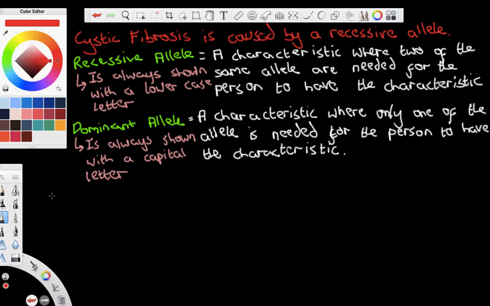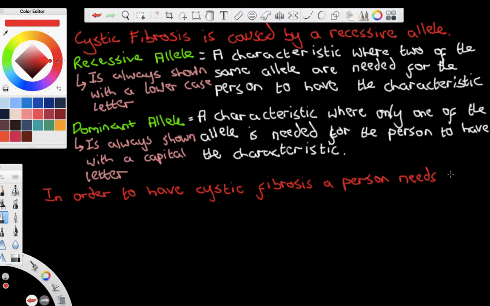So we can finish this slide off by saying, in order to have cystic fibrosis, a person needs to have two of the cystic fibrosis allele.